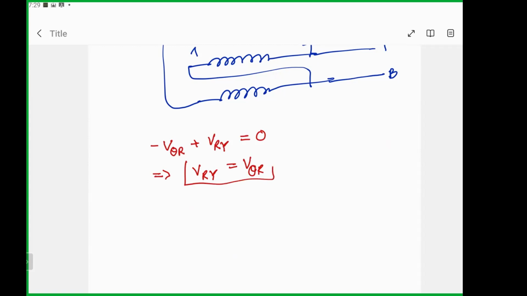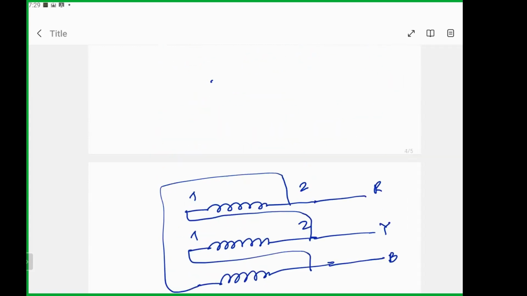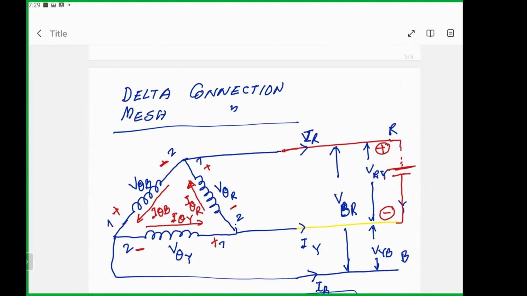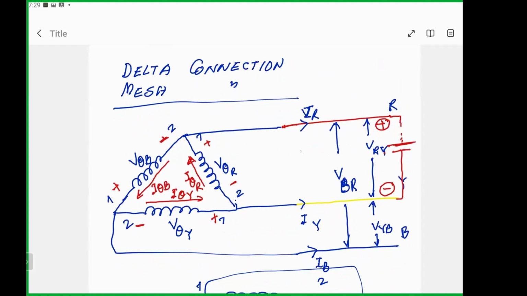So this is the relation, and this is obvious: if you take your multimeter, a voltmeter, and connect your positive terminal here and negative terminal here, then whatever voltage you find will be the same as if you place a voltmeter here and connect one terminal here and another terminal here.